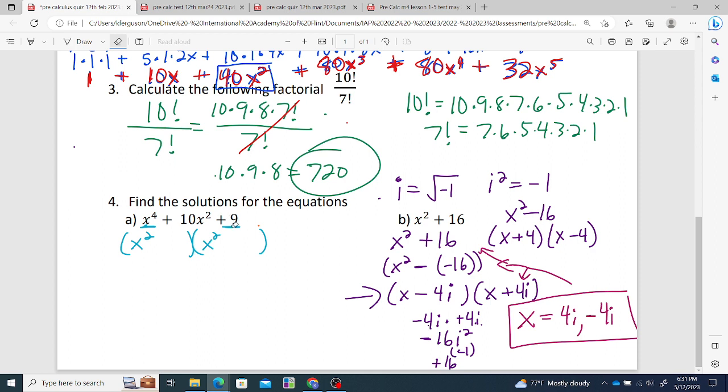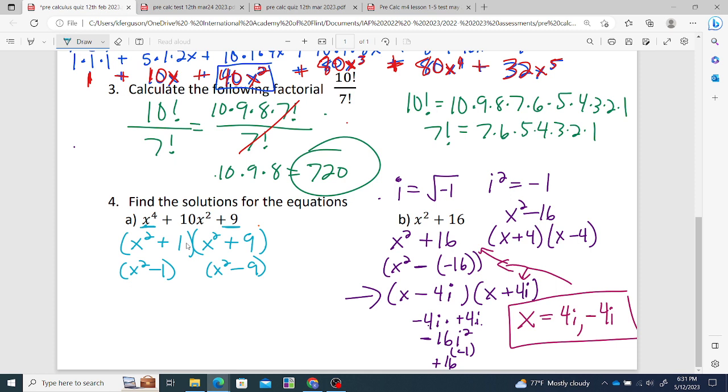So let's go back. What two things do I multiply to get 9? 1 and 9. 1 times 9 is 9, and 1 plus 9 is 10. And both signs are plus, so this is plus. Now, I'm going to draw this and erase it, so just bear with me. x squared minus 1 and x squared minus 9 is what?